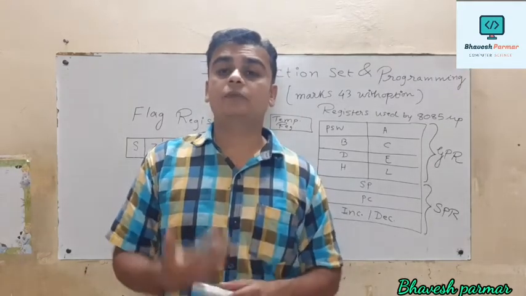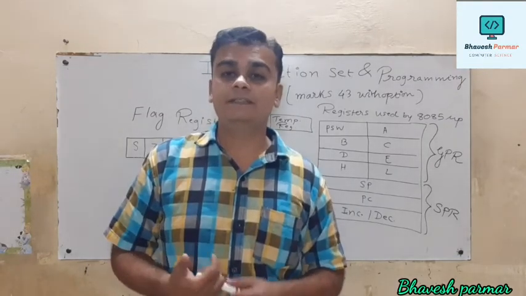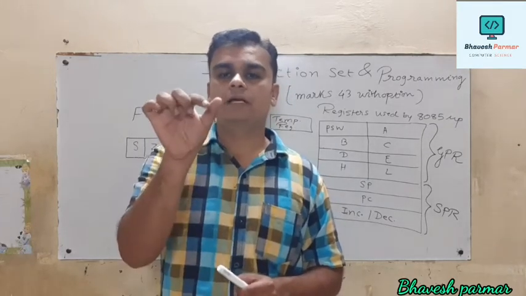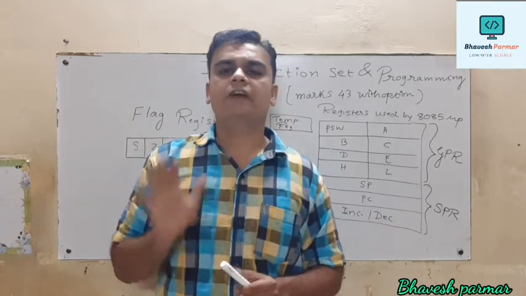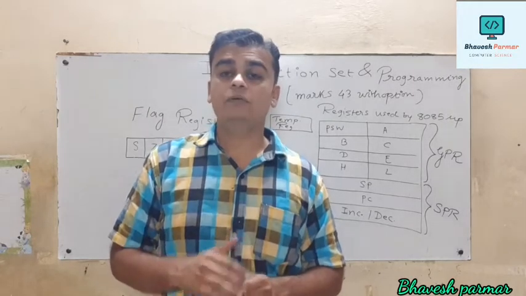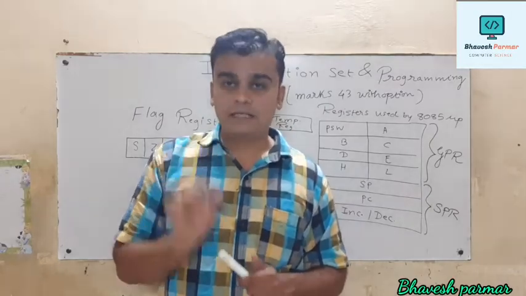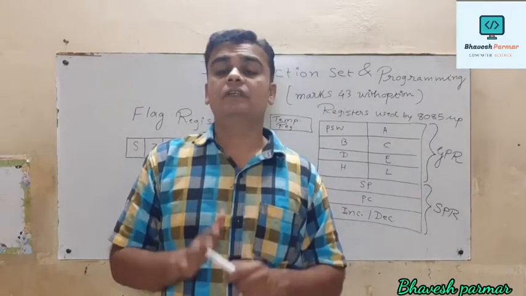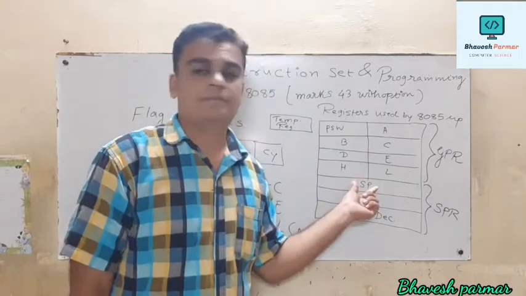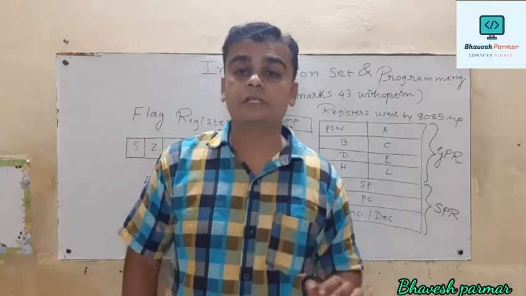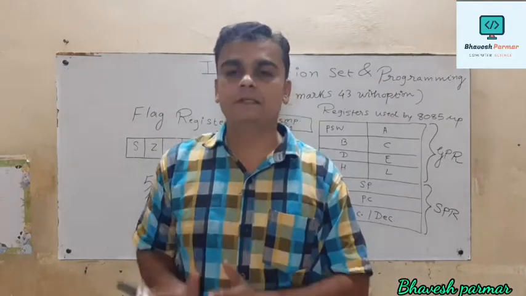When it tries to execute that program, first of all it gives the numbering, for example 1, 2, 3, 4 and 5. When we start the program execution from the first line, the current executing instruction is represented by SP. Meaning SP consists of the address of the current memory location which is to be executed.